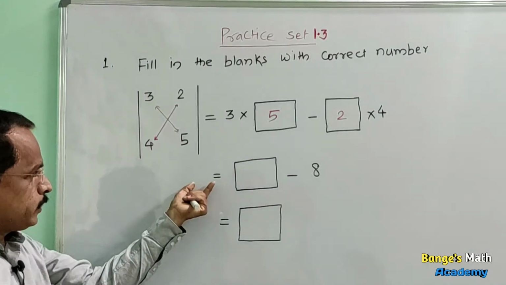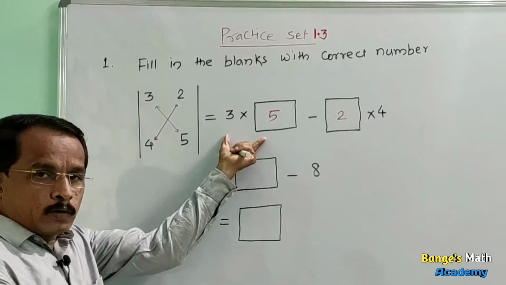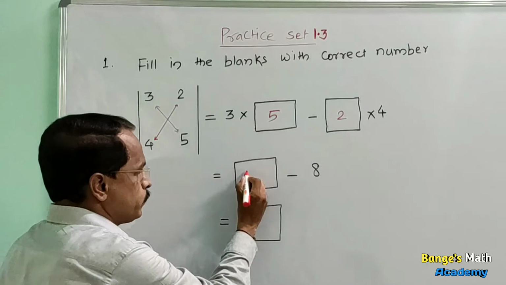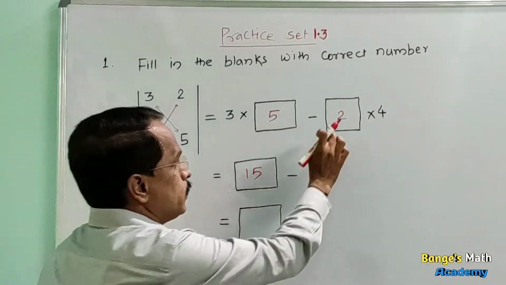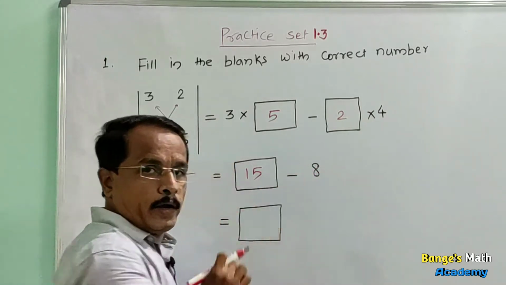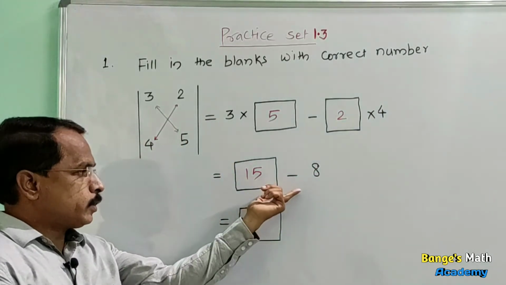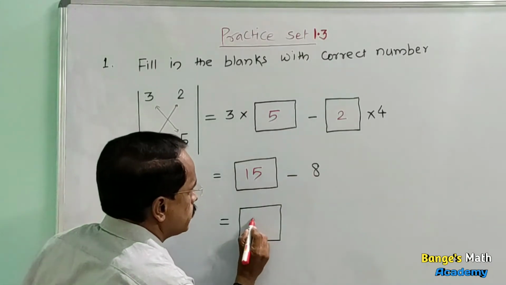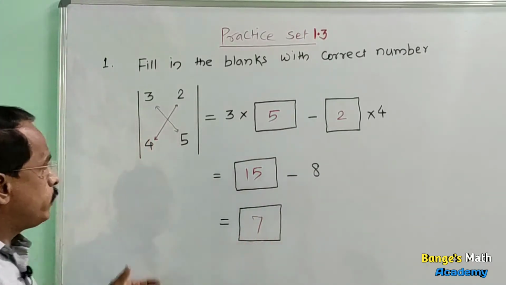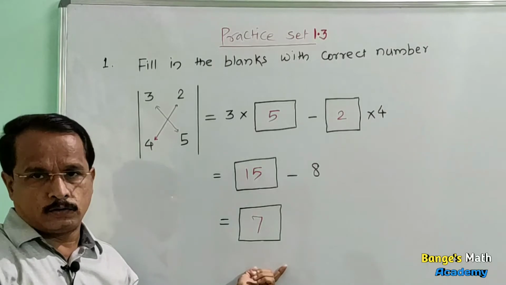The next step: the product of 3 into 5 is 15, minus 2 into 4, which is 8. Then the subtraction, 15 minus 8, is 7. So the value of this determinant is 7.